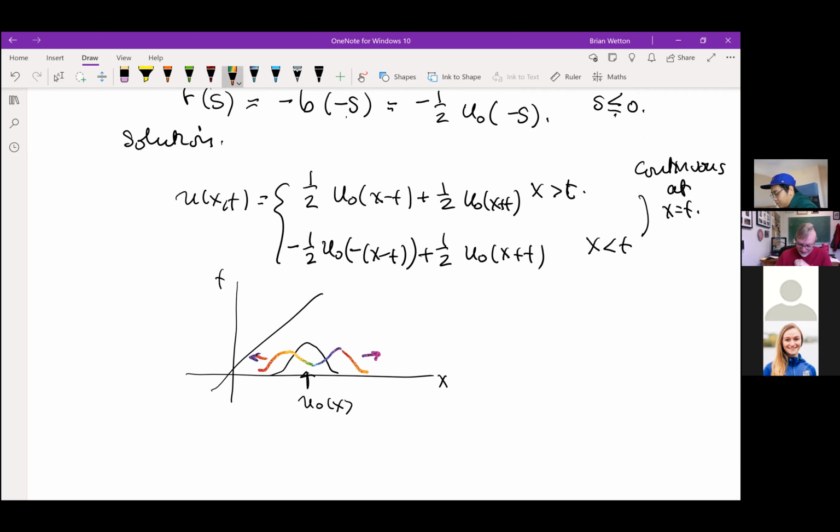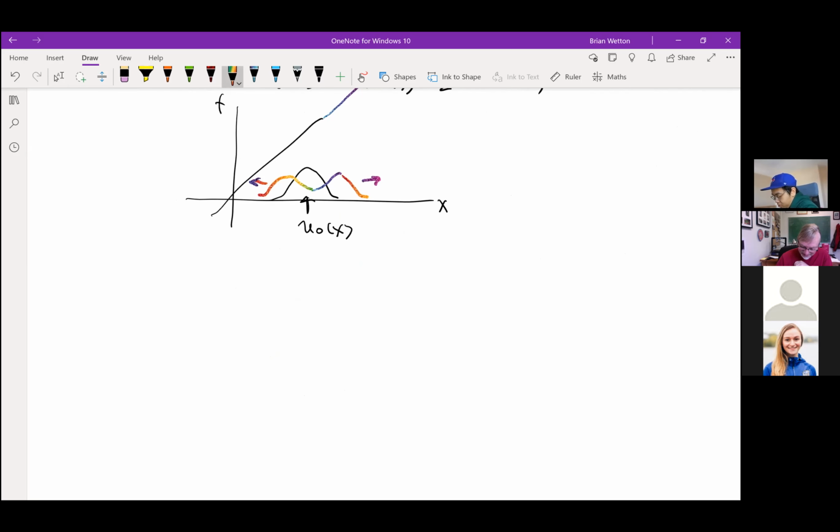And when you are out here, when you're up here, this is the x at a later time. Okay, let me draw this again. So now I'm looking way out here.